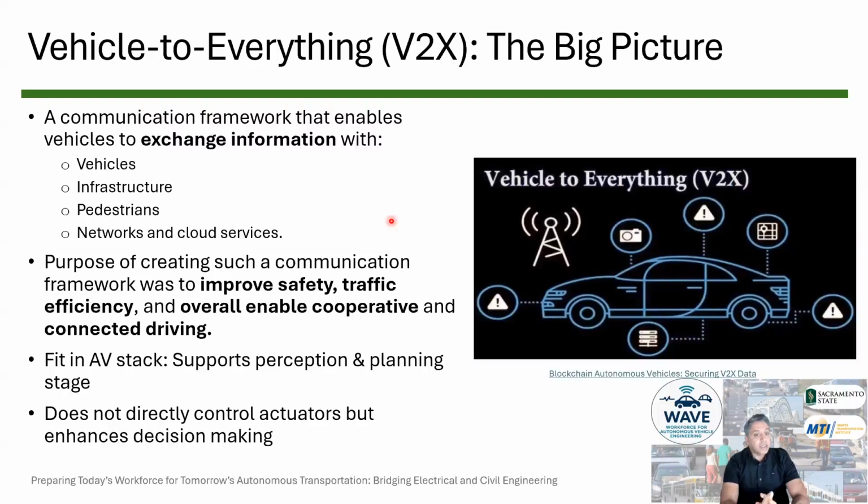It will support perception and planning, because once the AV receives information regarding traffic congestion somewhere, or crashes, or anything that happens, it can affect the replanning, like finding another route for the vehicle.